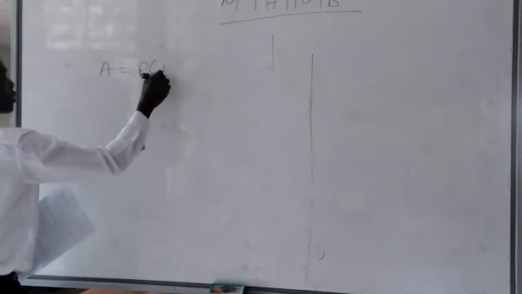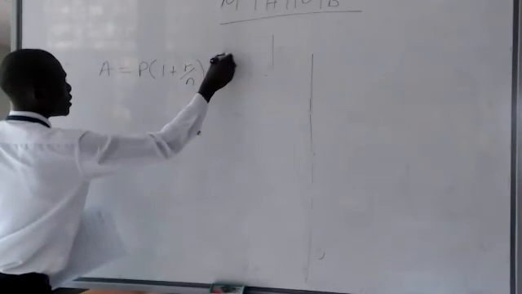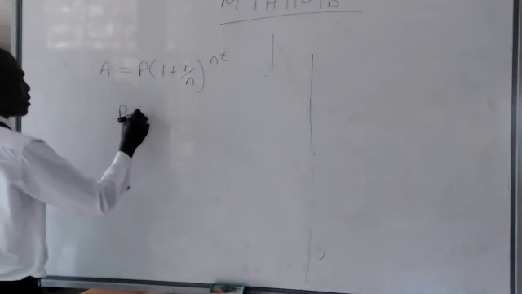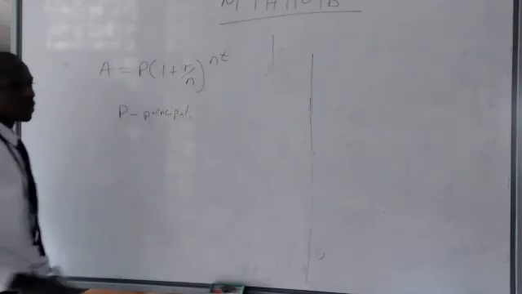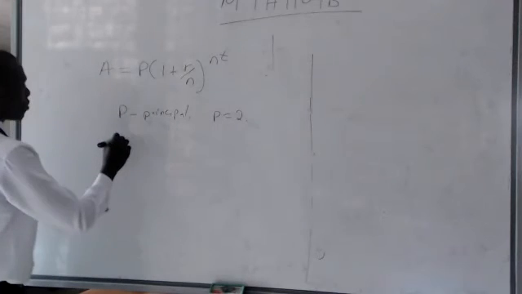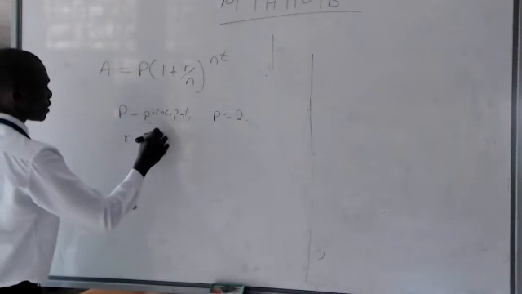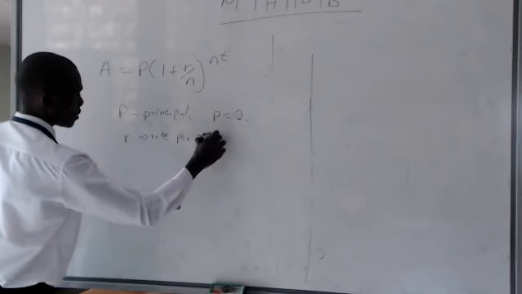A is P times (1 plus R divided by N) to the NT, where P is the principal amount, the amount of money you invested. In this case, P is going to be 2, while R is the rate per period.